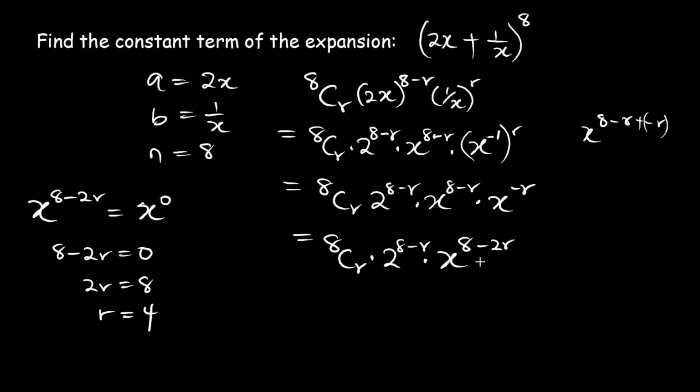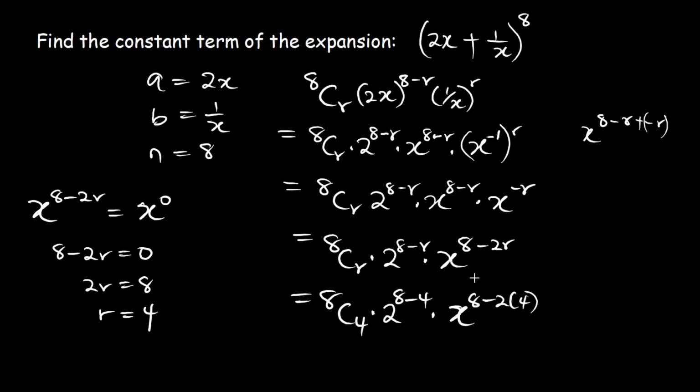So we'll come back to this term, plug in the value of r, which is 4, to have 8 combination 4 times 2 raised to the power of 8 minus 4 times x raised to the power of 8 minus 2 times 4.